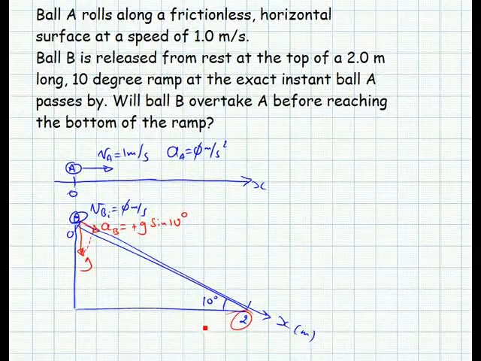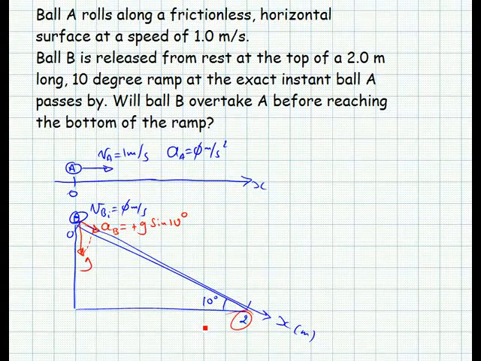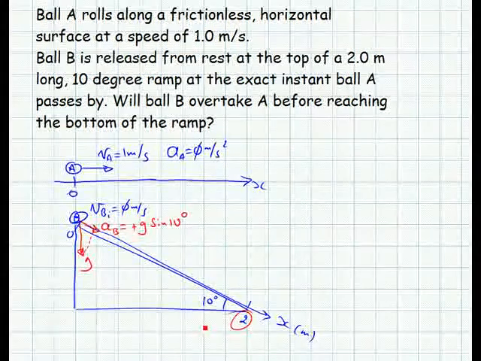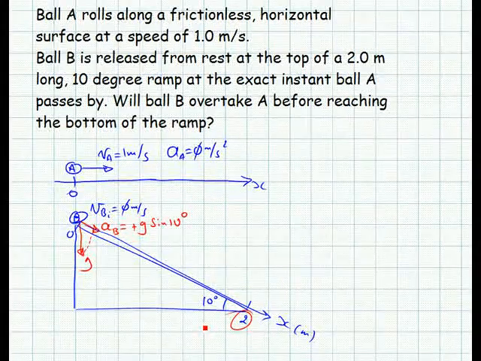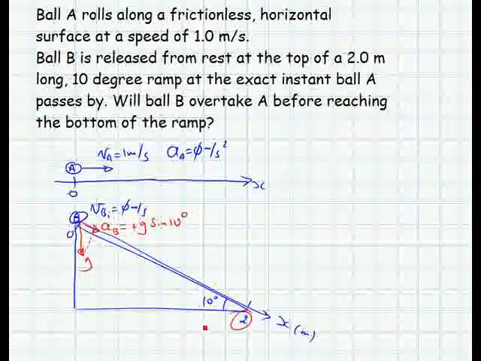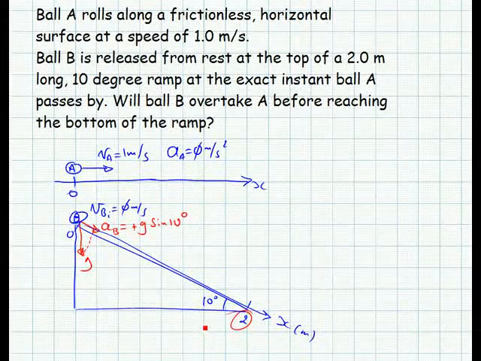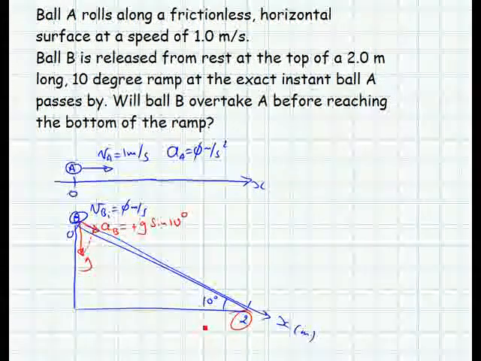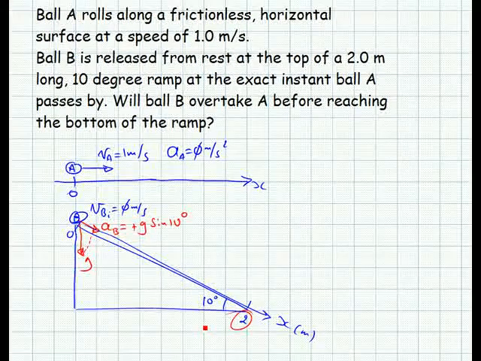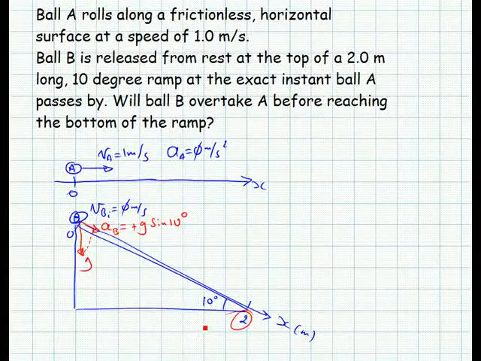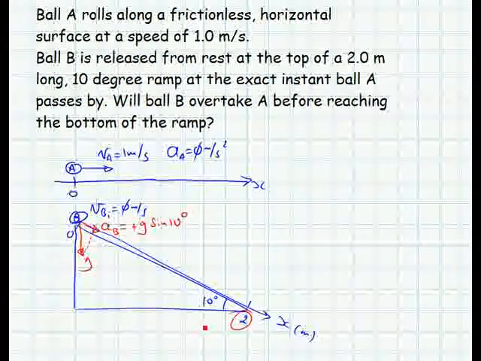Okay, how do we go about solving this problem? Well, we have written down the information that we know, most of it anyhow. So let us work it out like this.